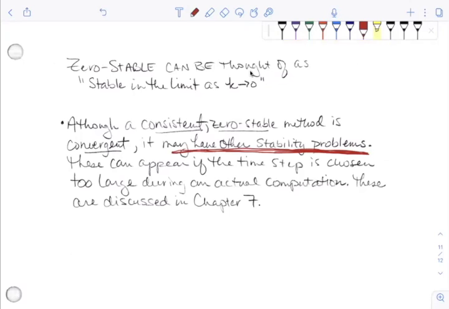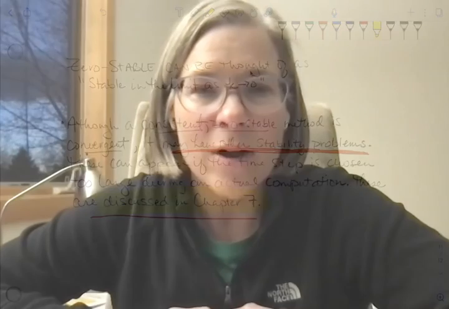And that is my motivating guide for chapter 7. All right, that is the end of chapter 6. I hope the last few remarks have motivated you to think about chapter 7. A more general notion of stability is coming.